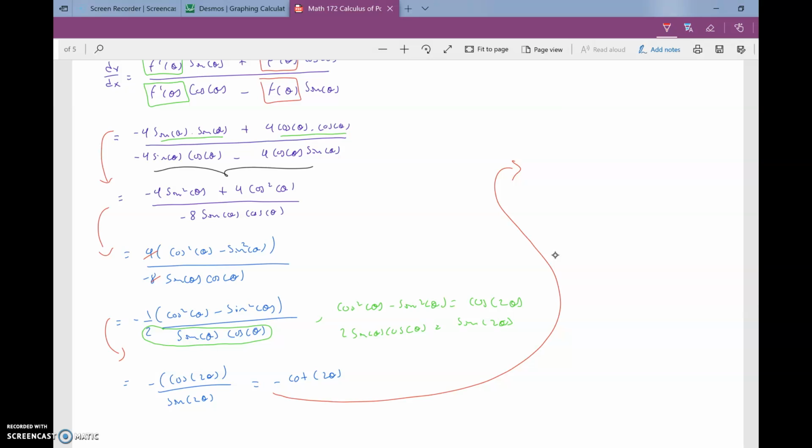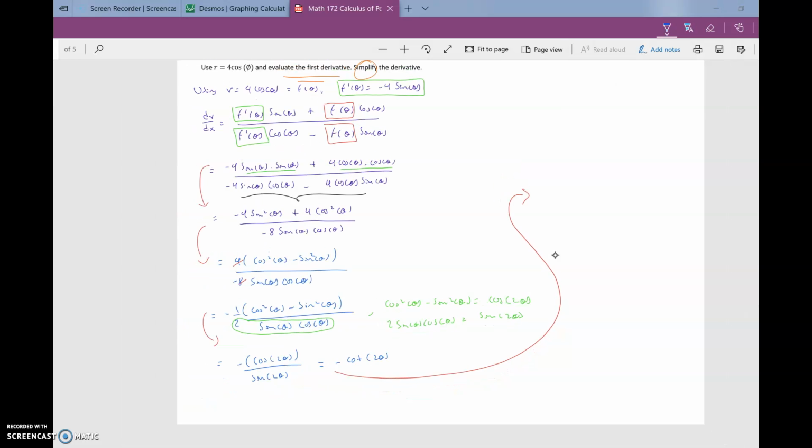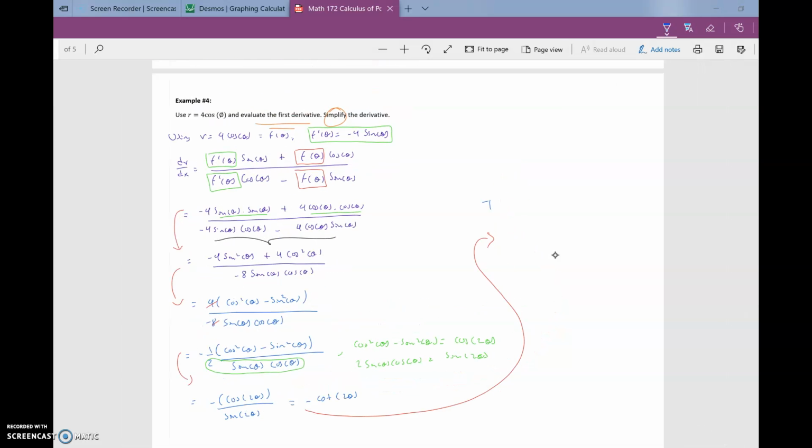In this case, the first derivative for r is equal to 4 cosine of theta is technically dy dx, which simplified to a minus cotangent of 2 theta. Okay, so this is our final answer.